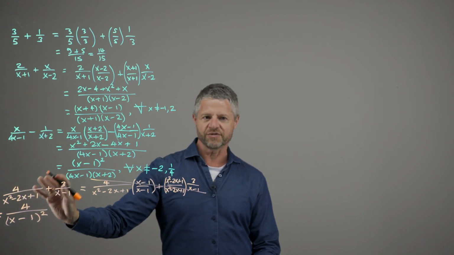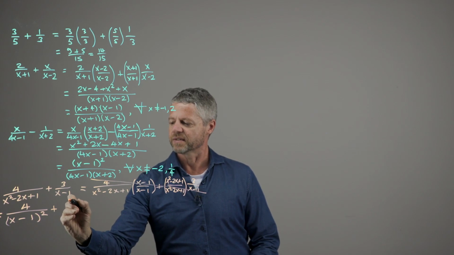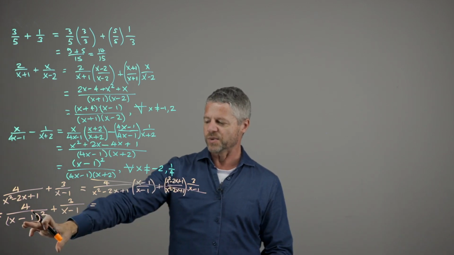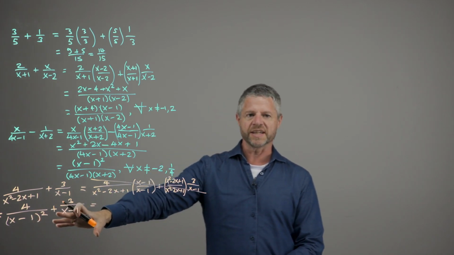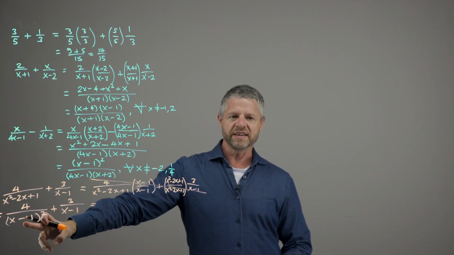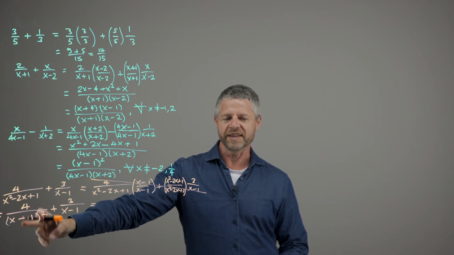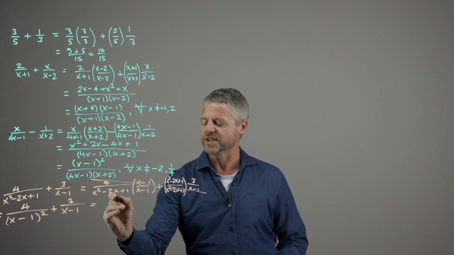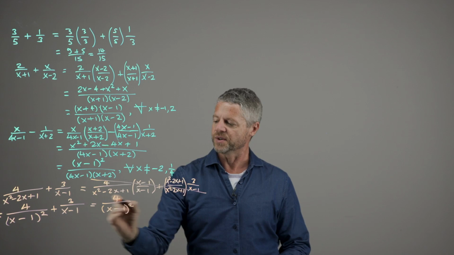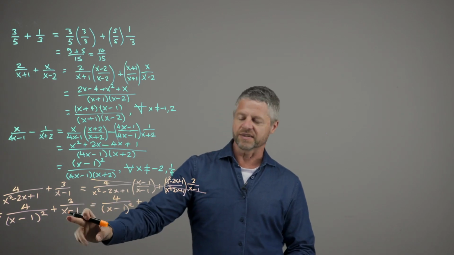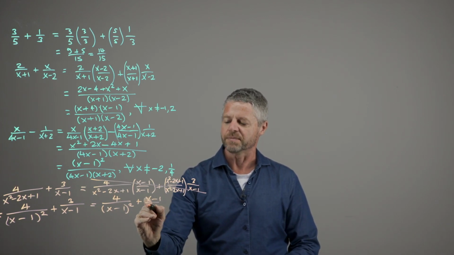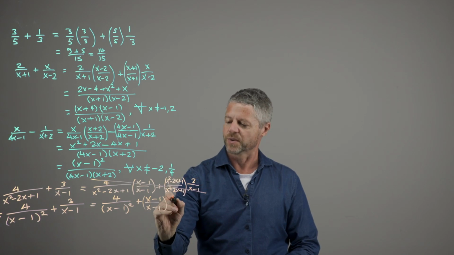Just by doing that first step, we've made the entire problem much easier to solve, because now we can see that the common denominator is (x minus 1) squared. The first expression already has the common denominator, so there's nothing we need to do to it. All we need to do is re-express the second rational expression with the common denominator, which just means multiplying it by (x minus 1)/(x minus 1).